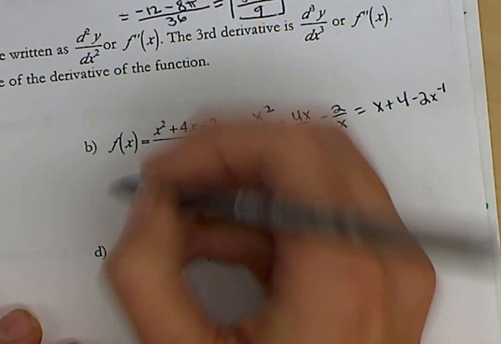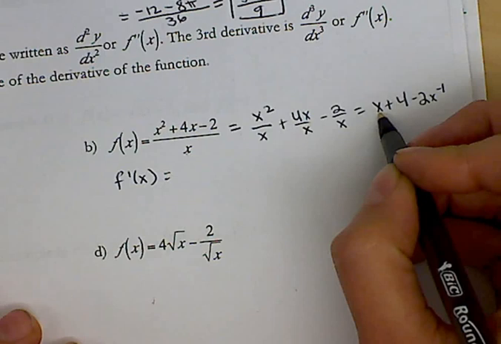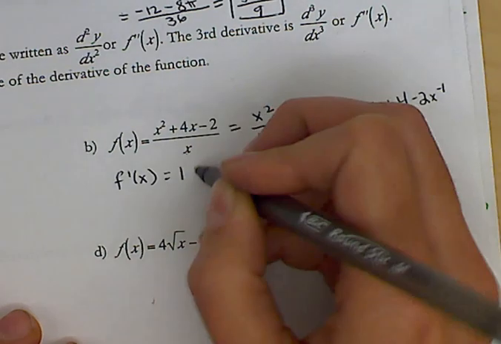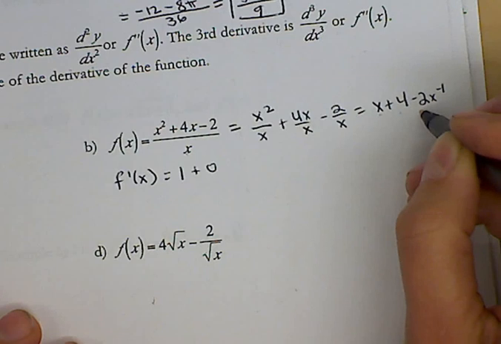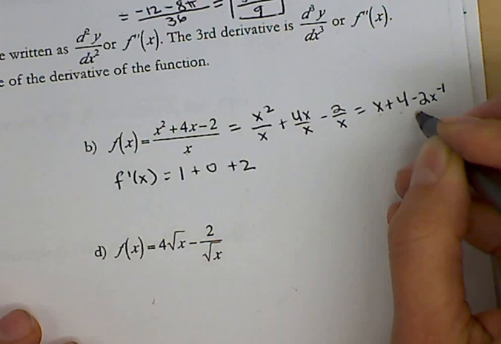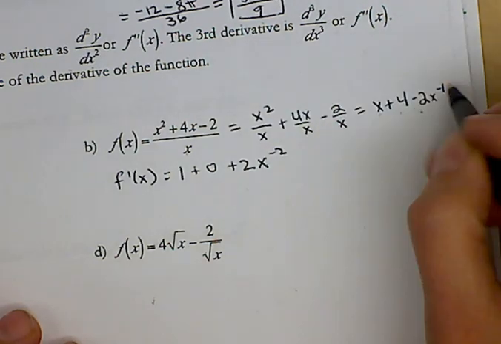So f prime of x equals the derivative of x is just 1. The derivative of 4 is 0. And the derivative of negative 2x to the negative 1 is plus 2, because I multiply negative 2 times negative 1 times x to the negative 2, because I subtract 1 from that.